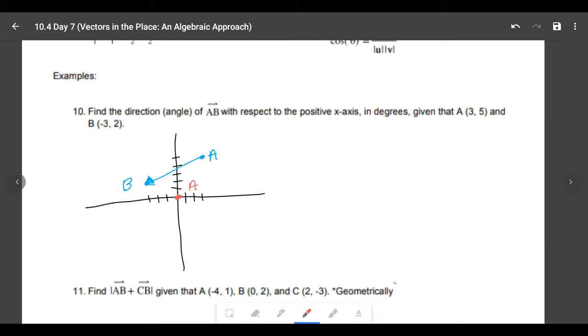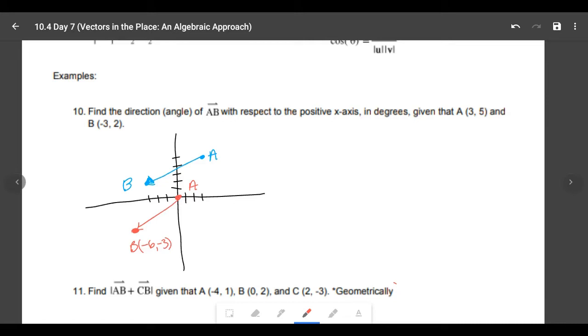If I moved A to the left 3 and down 5, I also need to move B the same direction. So B, we're going to move somewhere over here, and this point is going to end up being (-6, -3). So our moved vector is at this location.